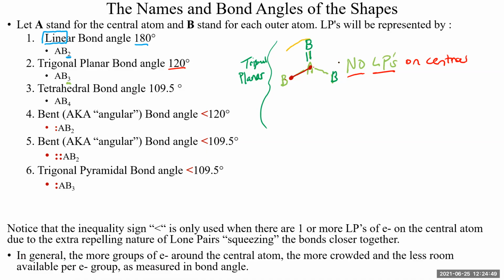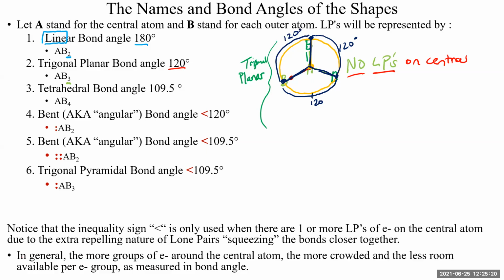Another thing you can see is if I were to draw a circle around this atom and put the central atom in the direct center of the circle, I would have each atom located at points along the circle that are exactly 120 degrees apart.